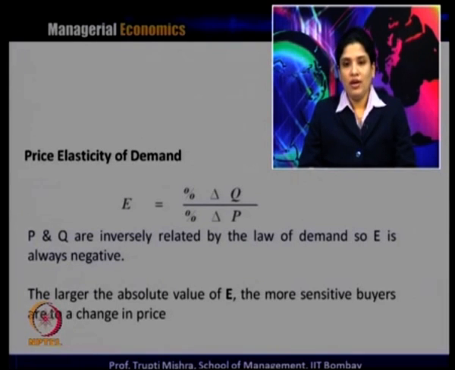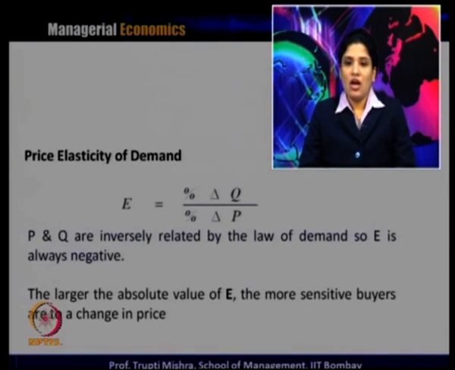For example, a 2% increase in P leads to maybe a 2% decrease in the quantity demanded, or maybe a 1% decrease, or a 6% decrease. So, that is the reason the value of elasticity is always negative for price elasticity of demand if the product in question is a normal good.